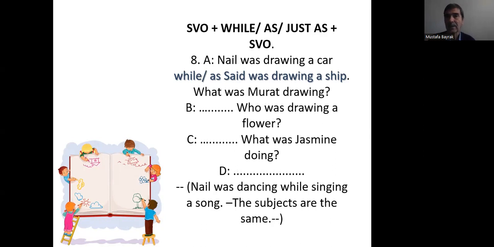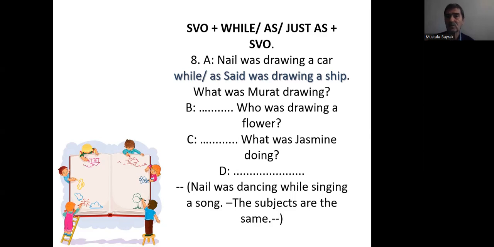We need them to make our speech beautiful. There is the main clause, and then there is a while clause, as clause, or just as clause. For example, Naila was drawing a car picture while Said was drawing a ship.